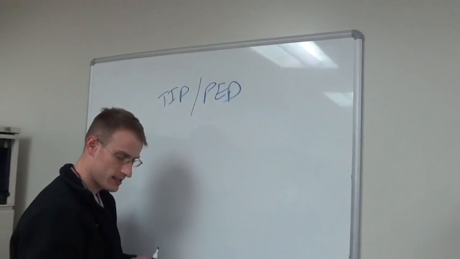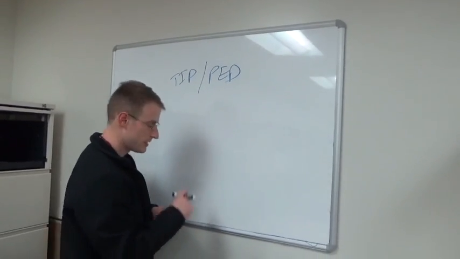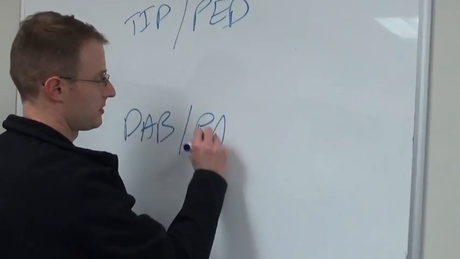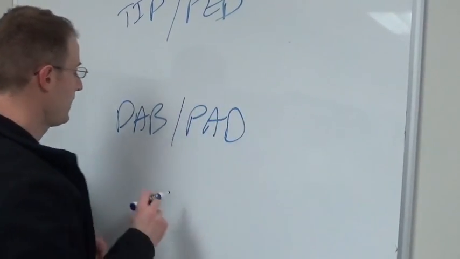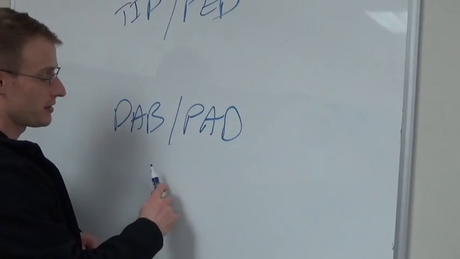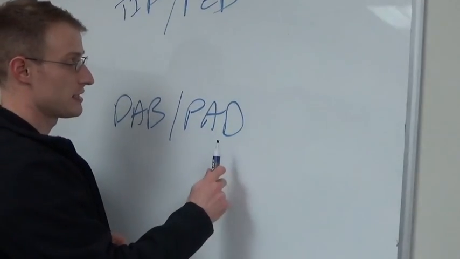Meanwhile, in the hand, remember DAB and PAD. So the dorsal interosseous causes abduction, whereas the palmar interosseous causes adduction.